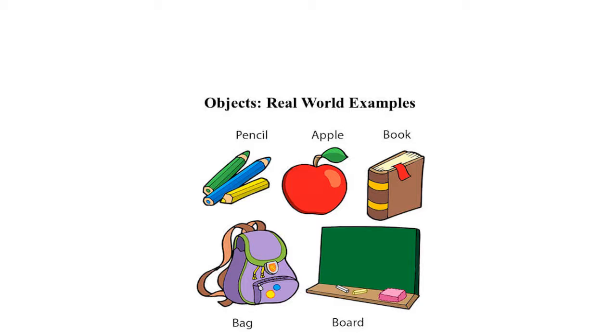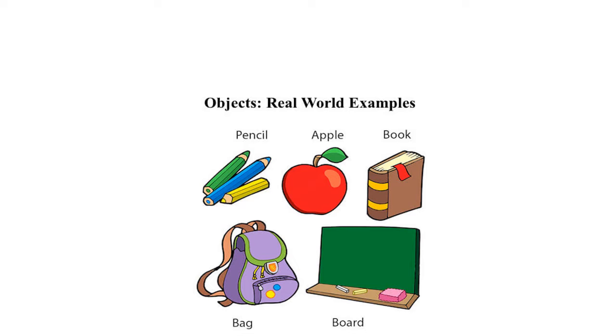Okay, so now can you see certain objects on your screen? Like pencil, apple, book, bag and board. These are all real world examples which you see around you, right? Now all the substances which you see around you are made up of extremely tiny particles, and when these tiny particles combine together we are able to see these objects, but those tiny particles are nothing but the molecules.